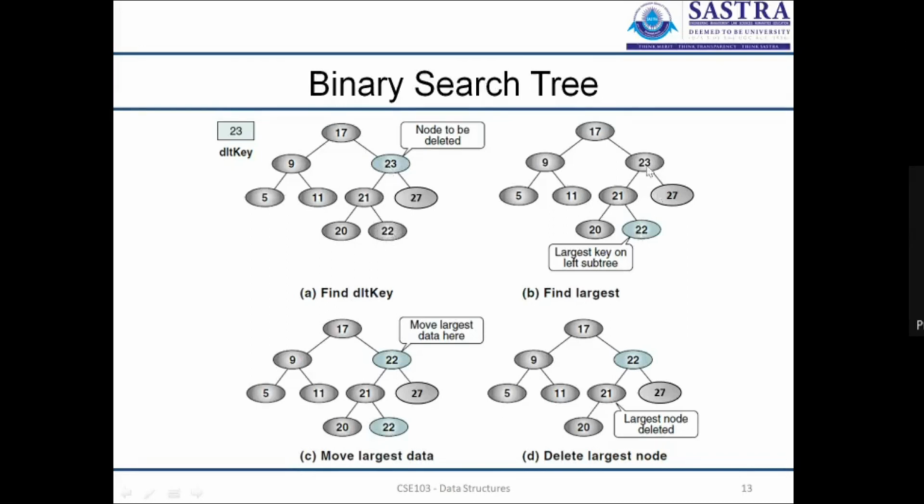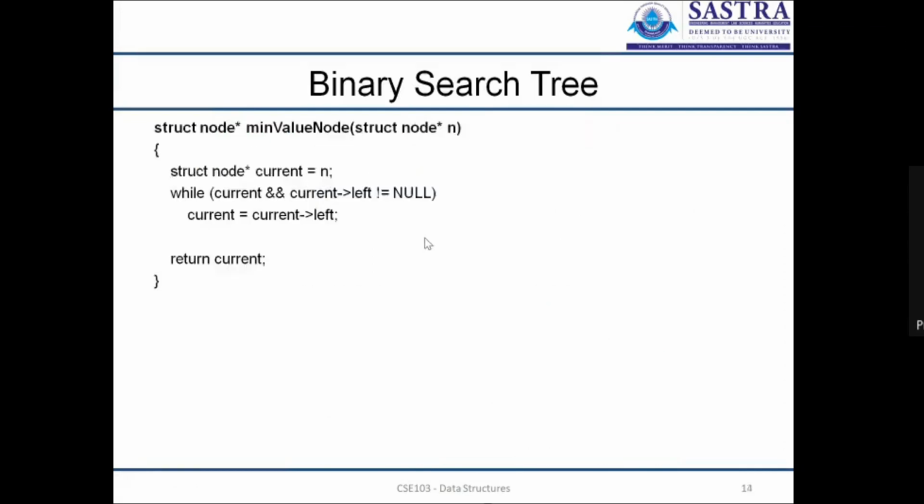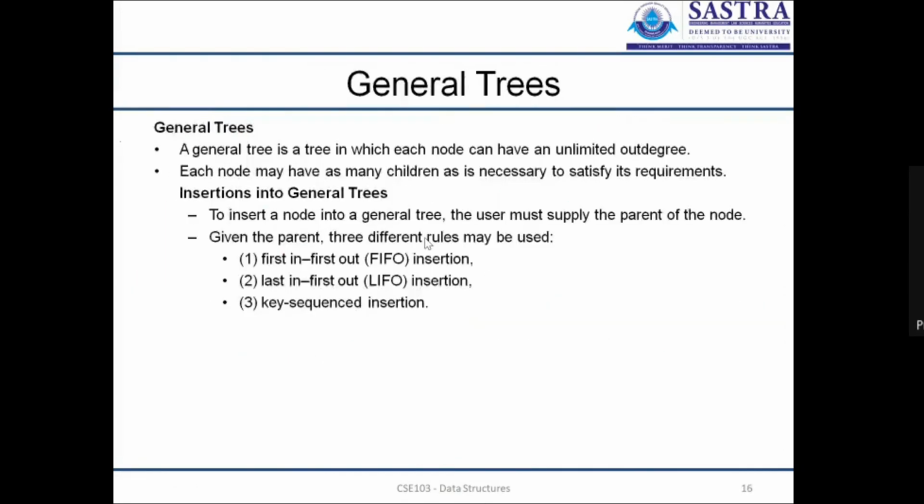See here, 22 is copied to this place, and 22 is deleted. This is one way: find the largest from the left subtree, or find the smallest from the right subtree. In the right subtree, find the smallest value, store it in the particular node and delete the smallest value. This is what we do in the delete operation.